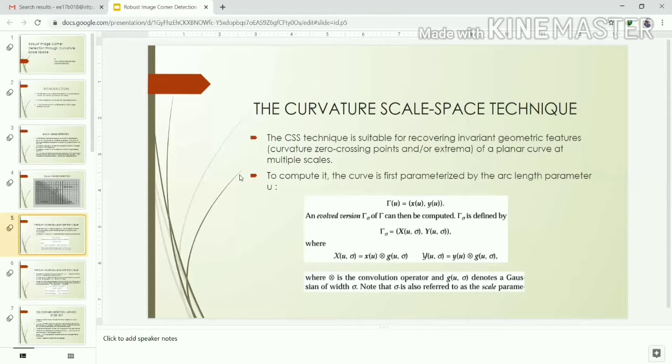In order to find curvature zero crossings or extrema from evolved versions of the input curve, one needs to compute curvature accurately and directly, based on the tau of sigma. Curvature k on tau of sigma is given by the formula here.